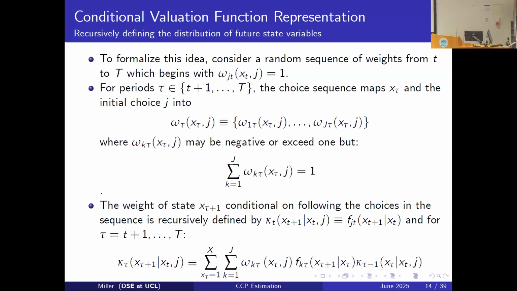It's not like you're cheating or anything just because you put negative stuff in there, all right? The vital thing is that they sum up to 1, all right? So you put that in there, and then you ask, well, what are the transitions of x as you take these weights? So we start out by maybe taking action J to begin with, and then you keep rolling forward.